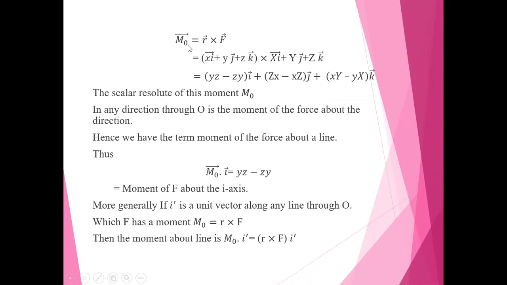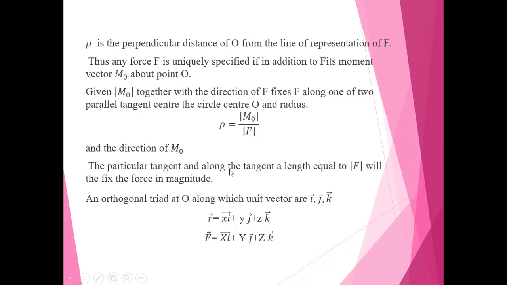Therefore, the moment of force mu naught vector equals r vector cross F vector, where r vector is xi plus yj plus zk and F vector is capital Xi plus Yj plus Zk.